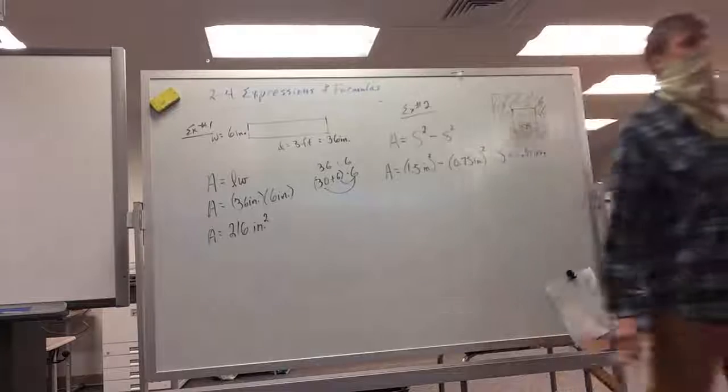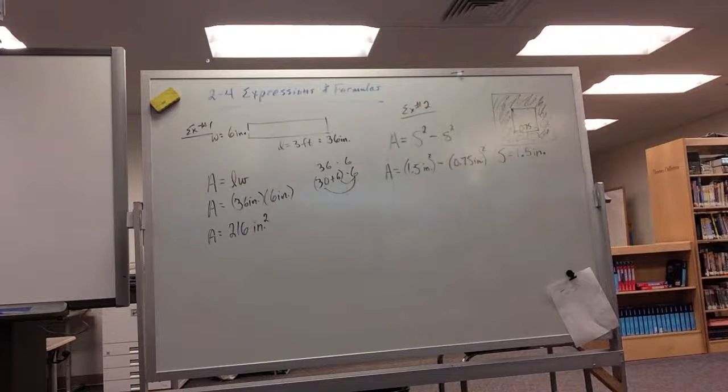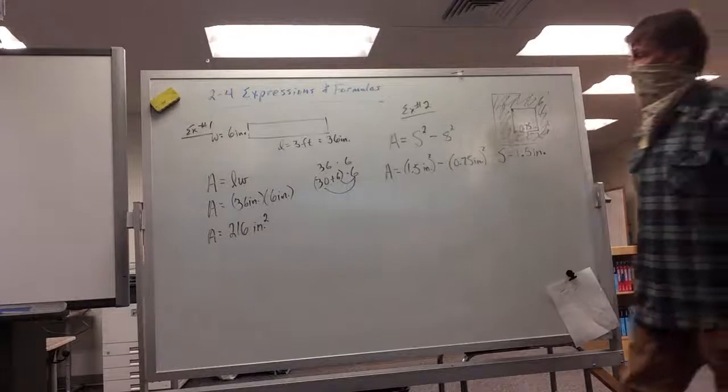You could probably make them larger and smaller on your paper, but on the board it's hard for me to make sure that they look large and small. Sometimes people will put a bar over the top of a letter to ensure that it looks like a lowercase s as well.